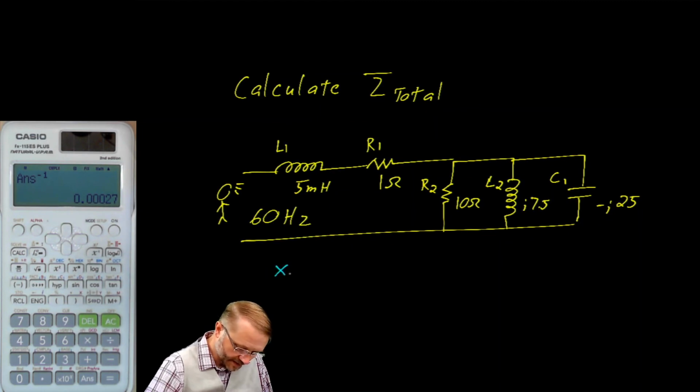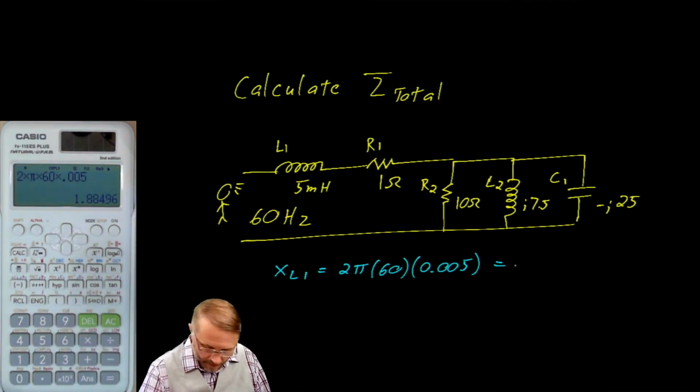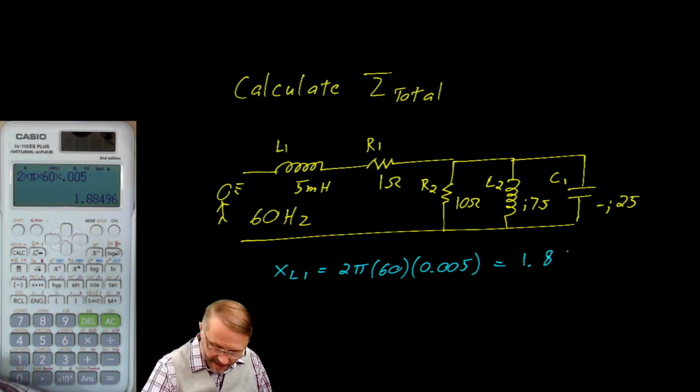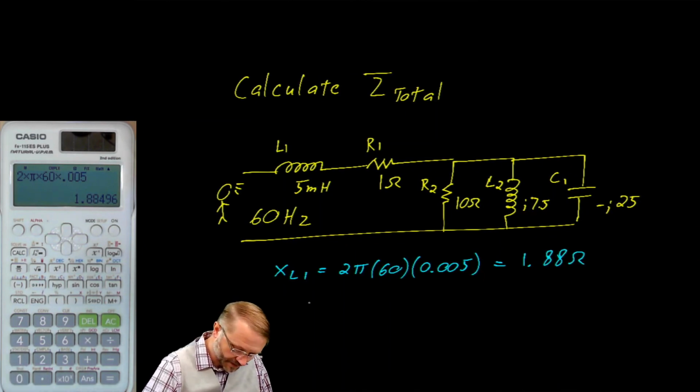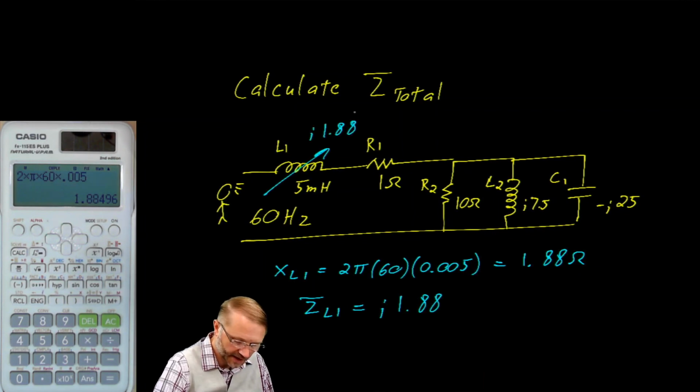From there, the reactance of L1 is 2 pi f L, which is 1.88 ohms. The impedance of L1 is therefore J 1.88. So just make a line through this and say J 1.88.